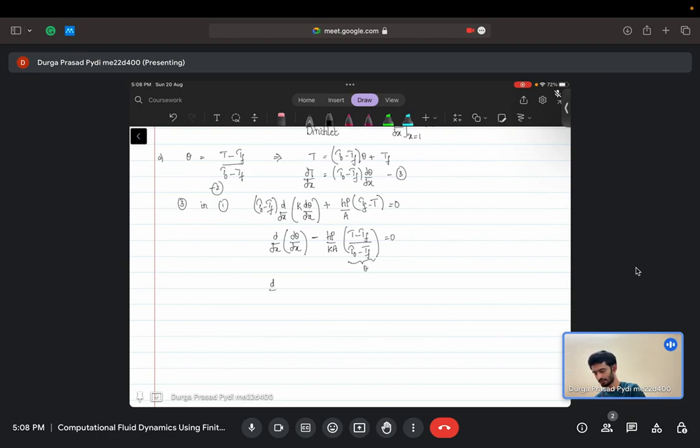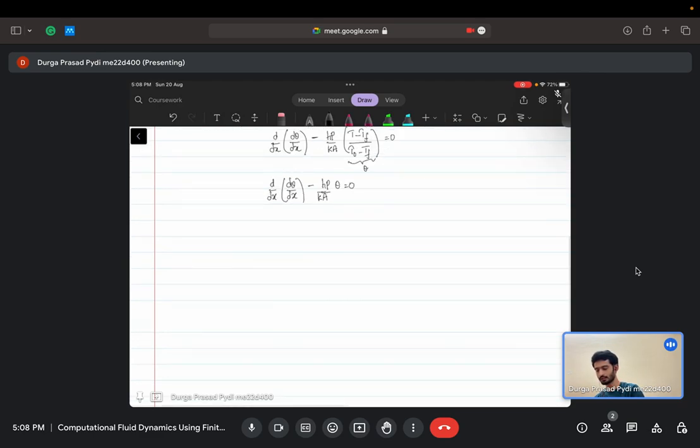So the governing equation in the non-dimensional form is d dx of d theta dx minus hP by kA into theta equal to 0. In the question it is given that hP by kA can be taken as 2. So if I substitute that back here, we get d dx of d theta dx minus 2 theta equals to 0. This is the governing equation that we obtain.